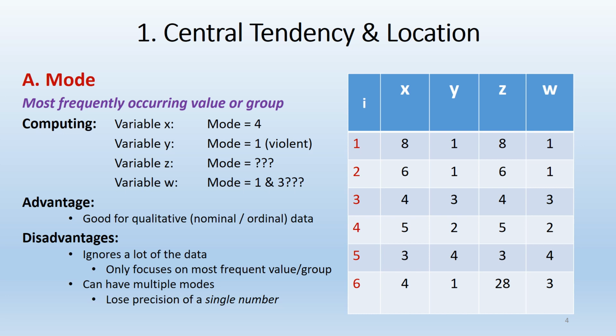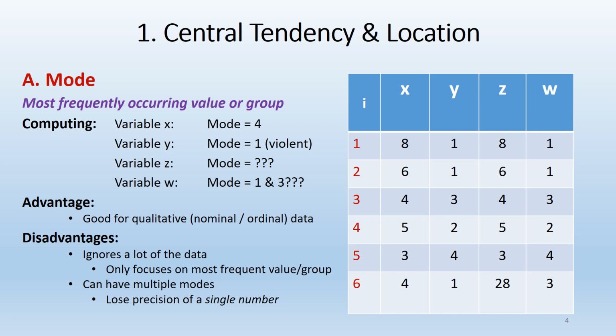Sure enough, if you look at those 6 observations for variable x, you'll notice that the value 4 shows up twice, where everything else only showed up once. So for variable x, the mode would be 4. Moving on to variable y, similar idea. We figure out which value shows up most often, and we see that the value 1 shows up most often.